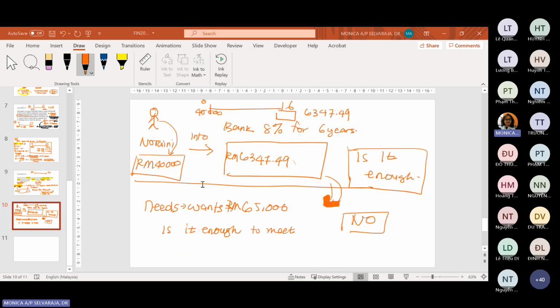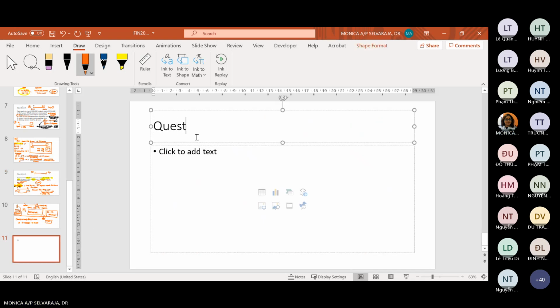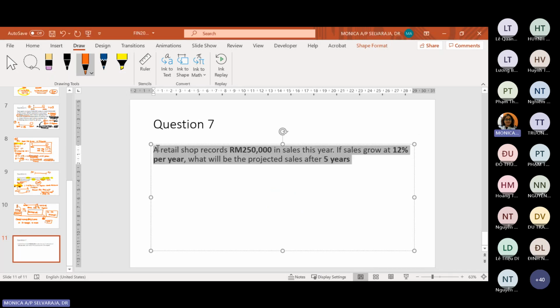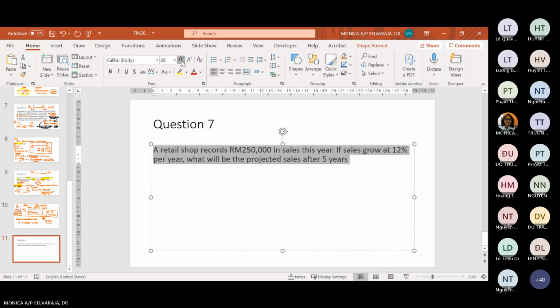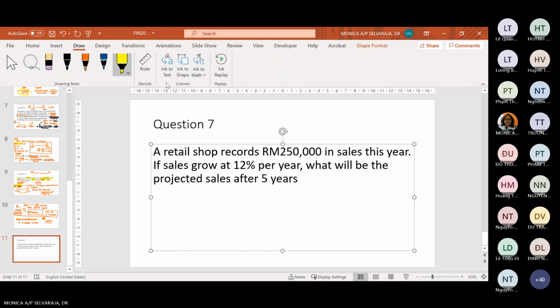Question number 7. Okay, now this is another question. Calculate for me this one. Retail shop records 250,000 in sales this year.